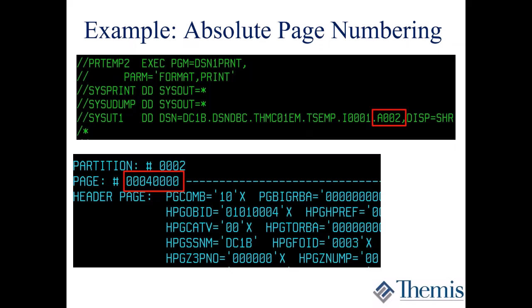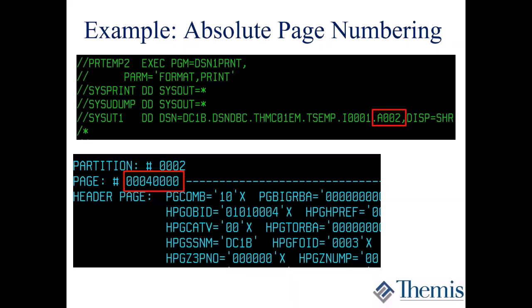The one I printed here was partition 2 of this table space, and I looked at the first page in partition 2. You see the page number. I only loaded a handful of rows into each part, so the data only took up maybe 2 or 3 data pages. But you see the first page number in part 2 is 40,000.